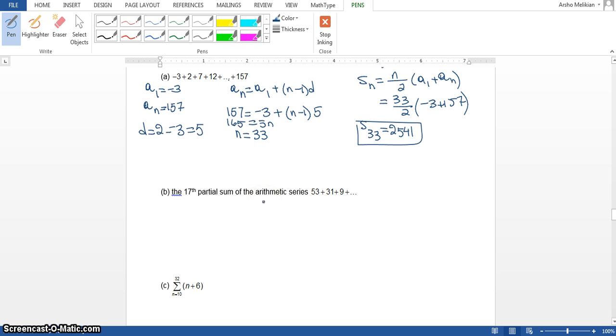In this next one, we want to find the 17th partial sum. Okay? Here, we're not given the last term of the sequence. So it's more reasonable for us to use the second formula because it doesn't include AN.